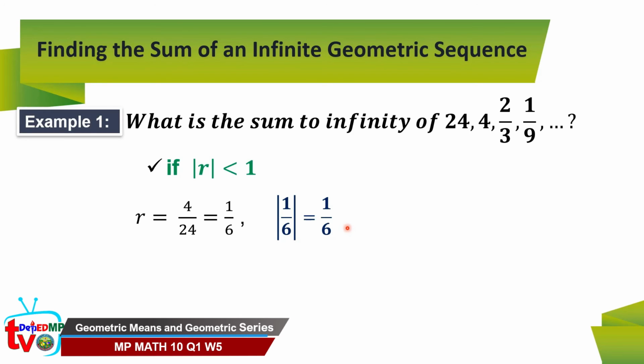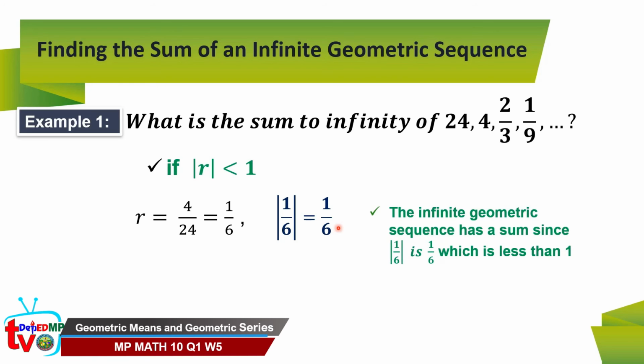When we say absolute value, this is the non-negative value of the given number without regard to its sign. So the absolute value of any real number is always positive. In this case, the geometric sequence has a sum. Since the absolute value of r, which is 1 over 6, is less than 1, it satisfied the given condition.